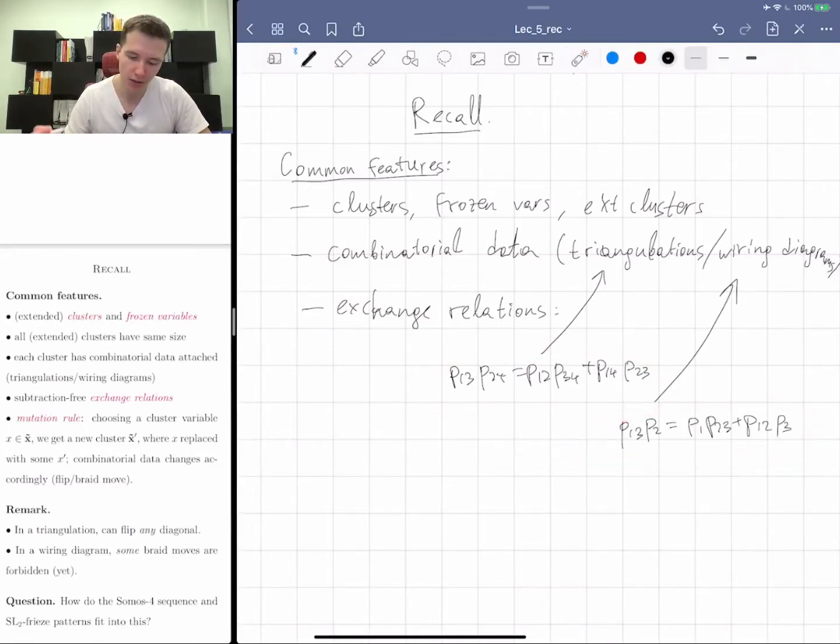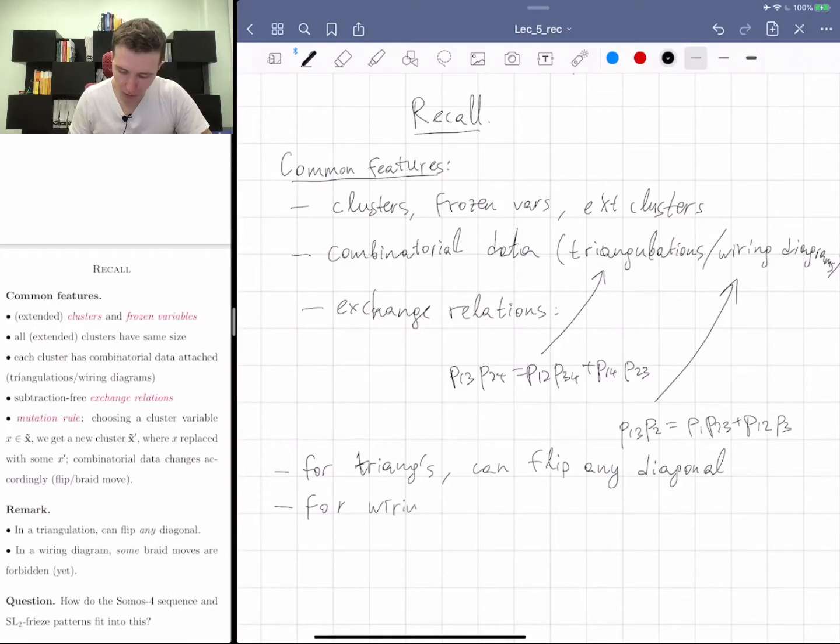But then the difference between these two examples was that for triangulations, you can flip any diagonal, but for wiring diagrams, some braid moves were allowed, but some were not allowed.